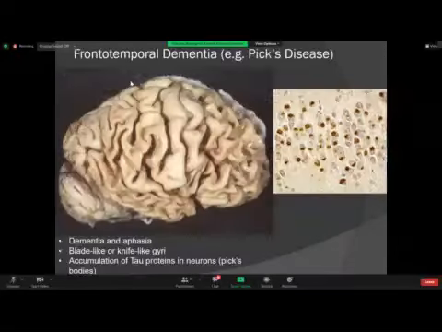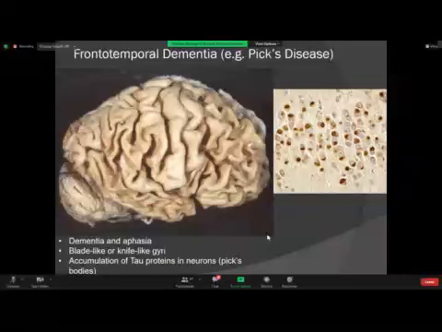This is another very interesting disease, frontotemporal dementia caused by Pick's disease. In this one, the shrinkage is so sharp that it actually looks blade-like or knife-like. Again, dementia and aphasia are present. Tau protein is one of the key things that you see in the autopsy of these patients, which is present in this immunohistochemistry slide that you see over here.